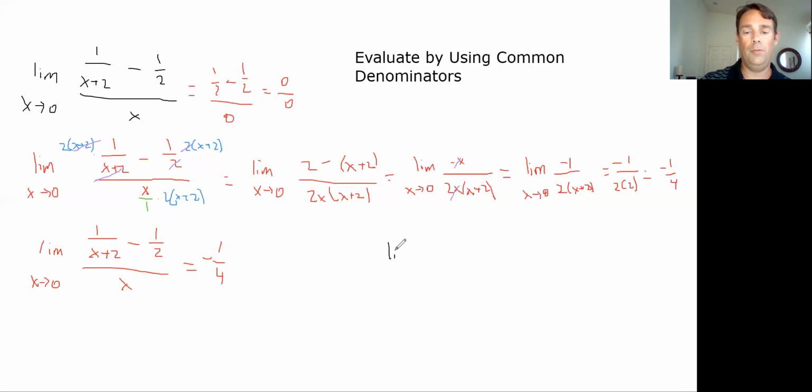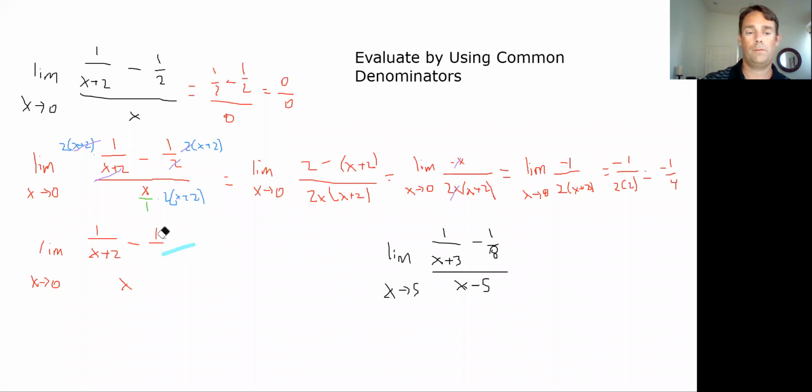Let's go with the limit of, well, let's try x approaches 5, of 1 over x plus 3 minus 1/8, all over x minus 5. All right, go for it. Go ahead and pause the video if you haven't done that yet.